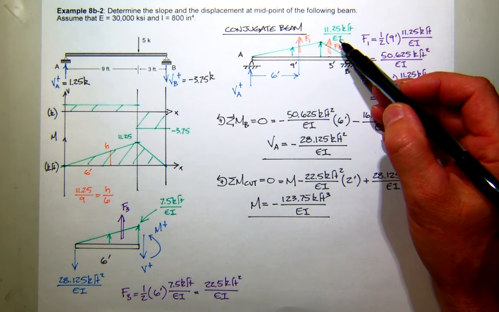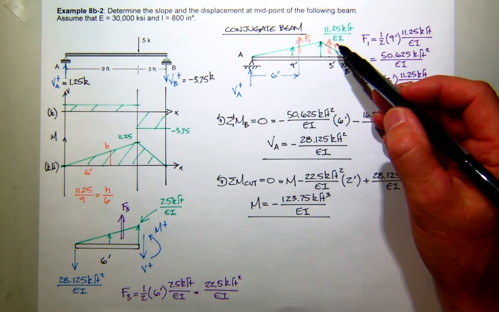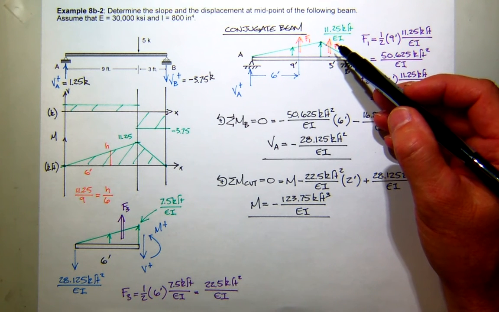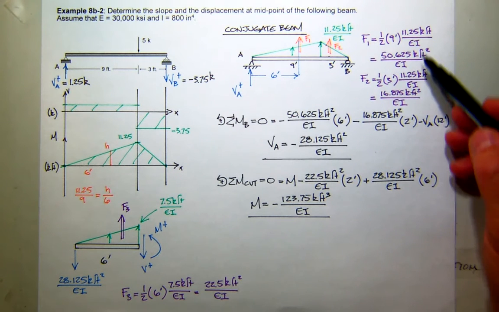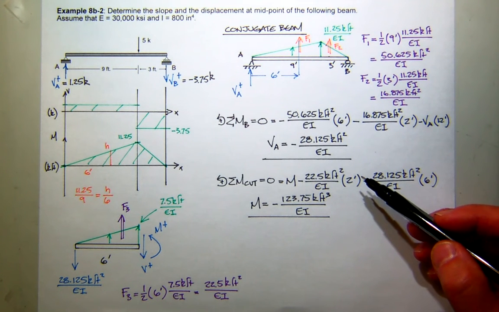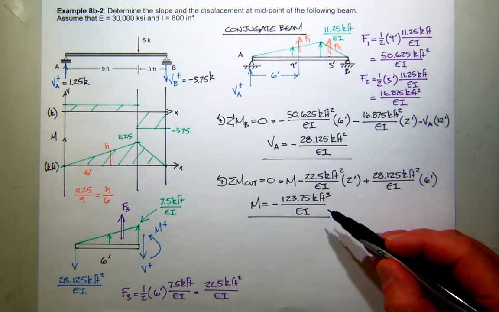You can. The problem is what's 11.25 divided by EI? It's incredibly small, and you'll probably round something off. You'll end up writing a very, very small number a bunch of times. So I find it better to keep your EI, hold on to it, and wait till now.